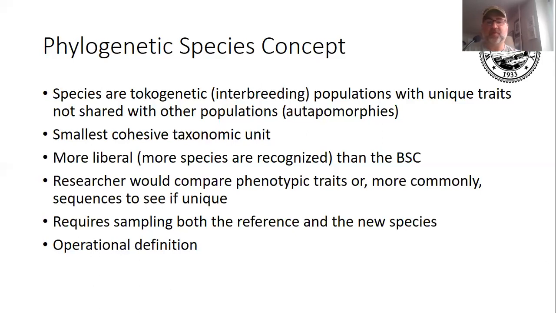I don't know where people have taken toucans to test if two different toucan species can interbreed, or parrots. I think it happens within the pet trade, but outside of that, as an actual test of species concepts, I have not seen that. However, the phylogenetic species concept is used quite often.